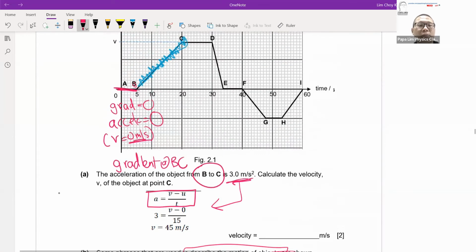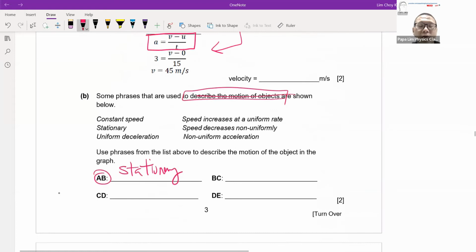BC is a constant gradient, or we call constant acceleration, or what we call a uniform acceleration. Similarly, like I mentioned in my previous video in chapter 2, when you talk about description, it's always about describing the gradient of the graph in terms of acceleration.